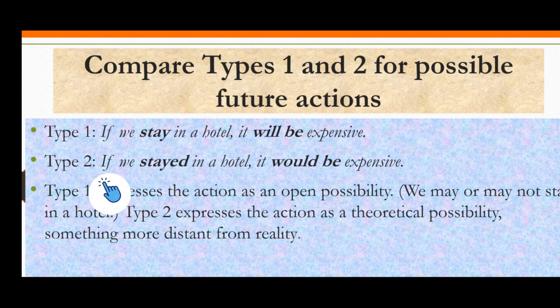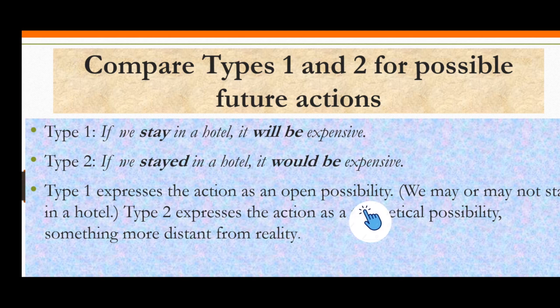Type 2, if we stayed in a hotel, we are just imagining here that if we stayed in a hotel, it would be expensive. So did we stay in a hotel? Not at all. We are just imagining here. Now, type 1 expresses the action as an open possibility.